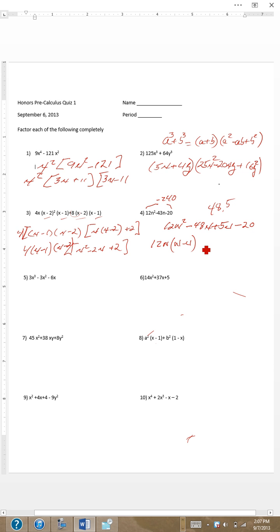Over here, plus 5, common to n minus 4. Common binomial factor, n minus 4, common to 12n plus 5. Factor. Common factor here, 3x, common to x squared minus x minus 2. This now factors to x minus 2, x plus 1. 3x out in front. Done.